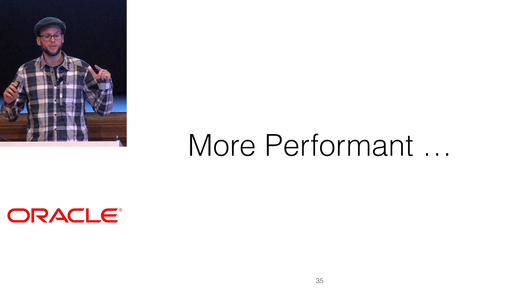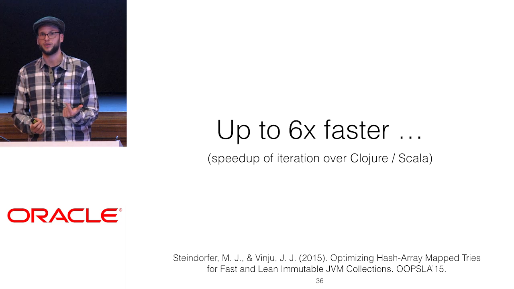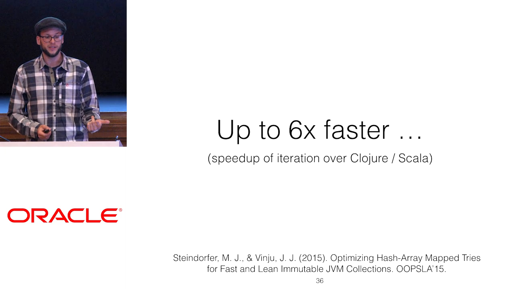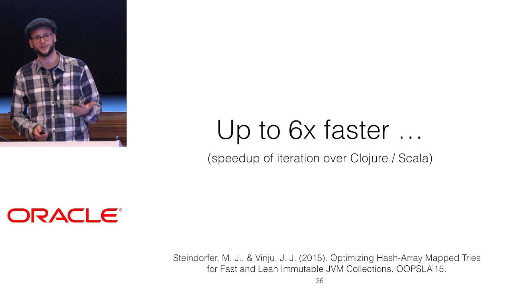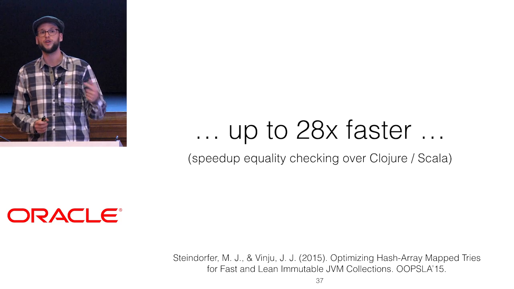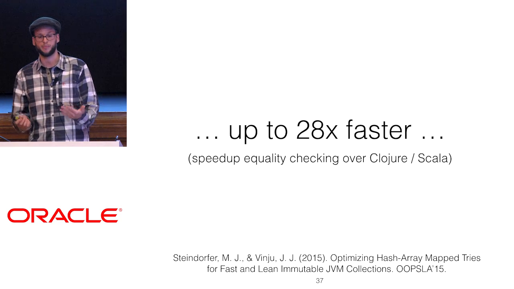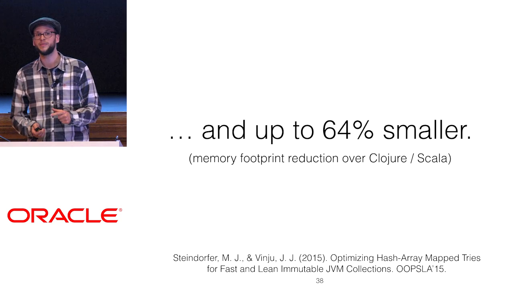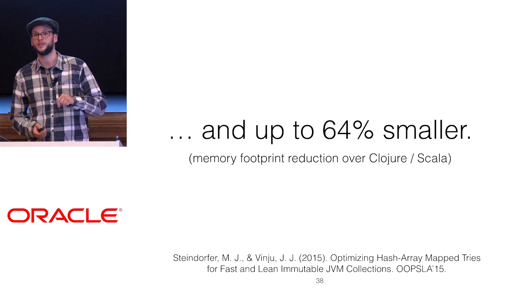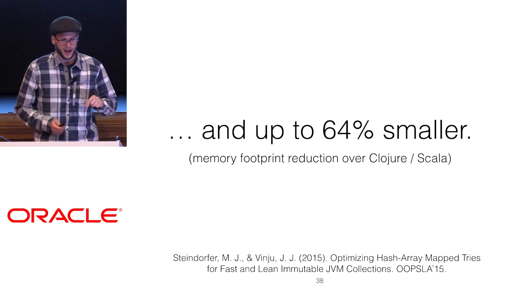So just by manipulating the data layout, we can get speedups in iteration, for example, over established data structures of up to 6x, six times as fast, and improve equality also by another magnitude. And that at the same time, while also reducing the memory footprint. Well, sounds too good, right?